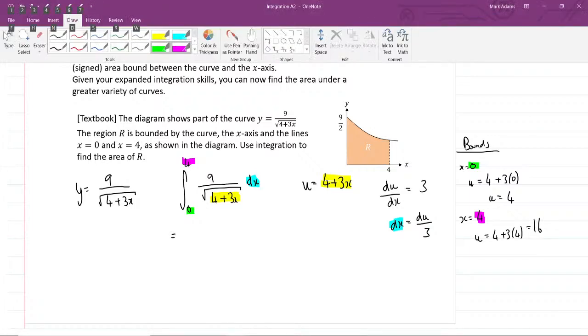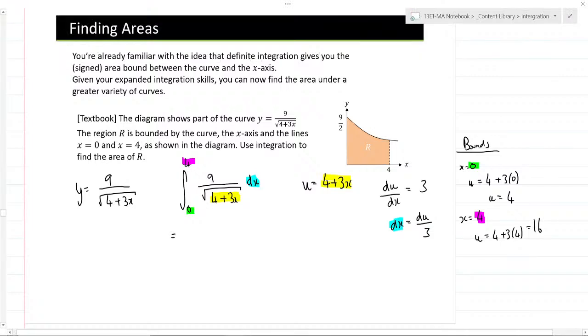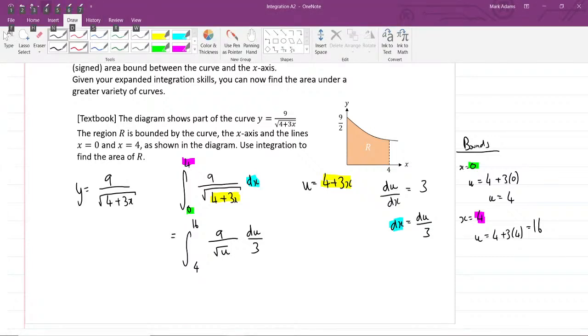Okay? Just to make it nice and clear with those colours. So between my limits of 4 and 16, 9 over root u times by du over 3. Okay, I've replaced everything there now.